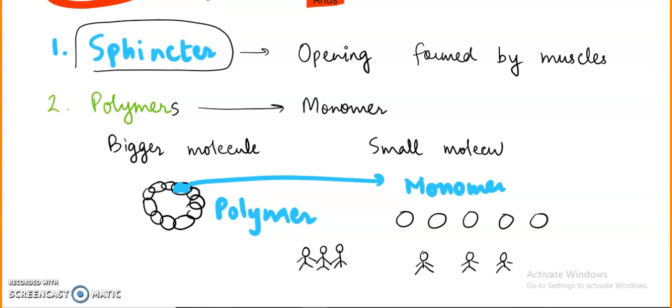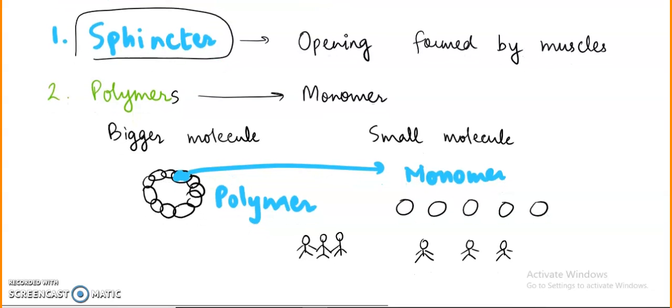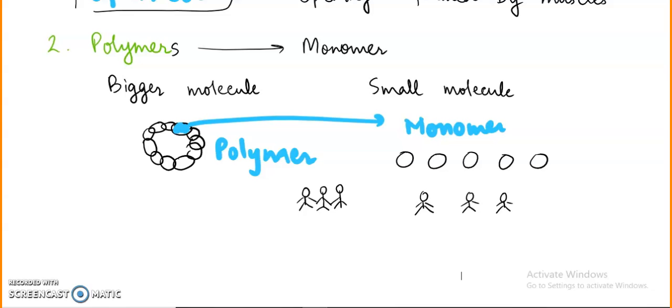What is digestion doing? Digestion is converting a bigger molecule to a smaller one. So digestion is not giving you energy; rather it is making the monomers, and these monomers will be utilized by the respiratory system to give energy to your body.